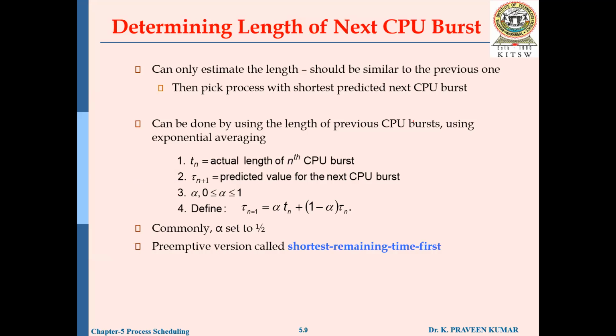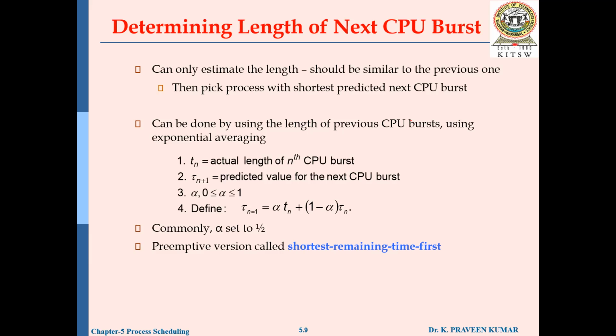But the problem with this is determining the length of the next CPU burst. How can we know which is the shortest job? It is a problem to find out what the shortest job is. So we can only estimate the length, which should be similar to the previous one, that is SJF.